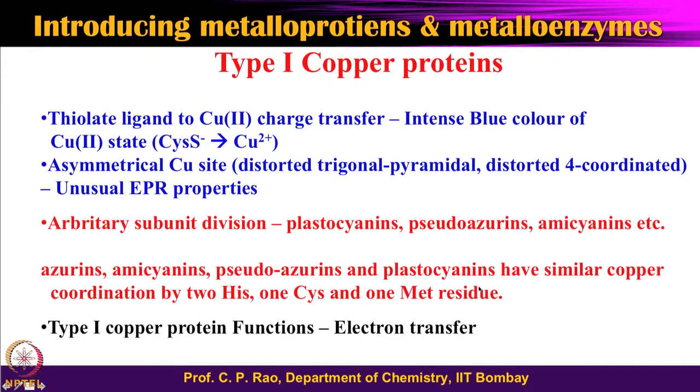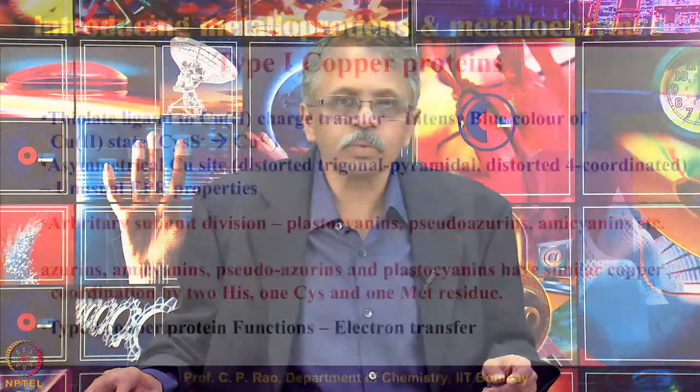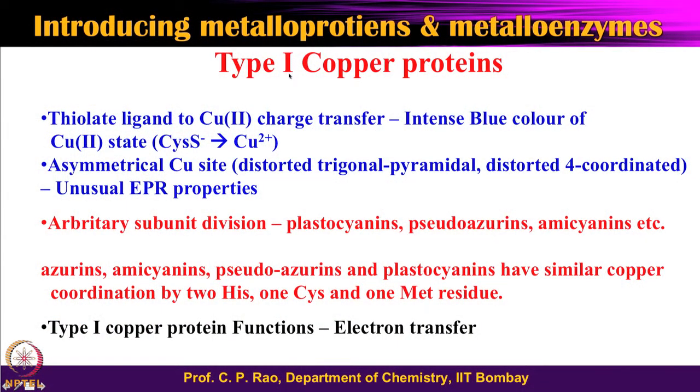Okay, so let us look at the blue copper proteins, which are also referred to as type 1 copper proteins. Type 1 has nothing to do with the copper 1 oxidation state. Type 1 copper proteins, which are nothing but the blue copper proteins, give an intense blue color, and the blue color comes from a charge transfer, from cysteine sulfur to Cu2+.